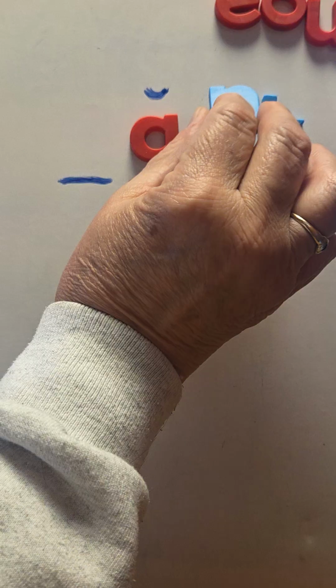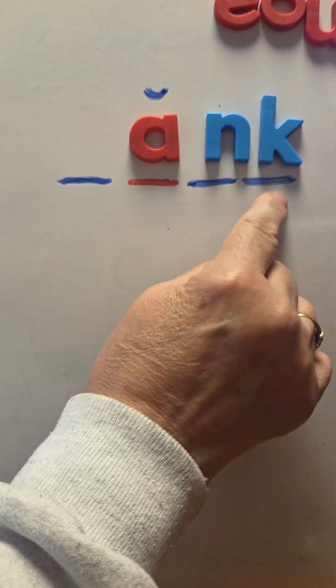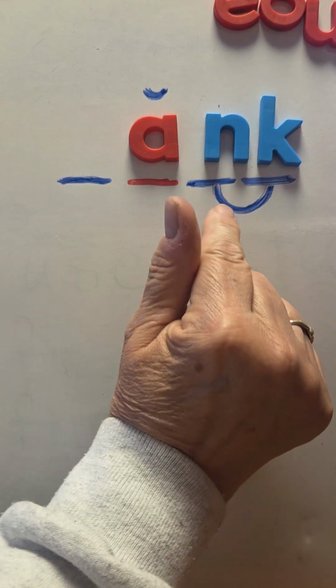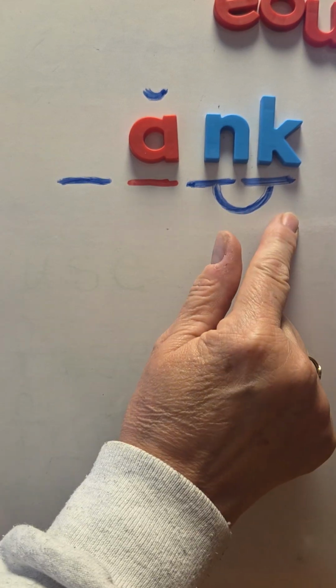And in front of it, I'm going to blend it with an N. NKs are not at the beginning of words. They're always at the end. They're going to be a blend. I can hear them both, so they're going to say nk, nk.